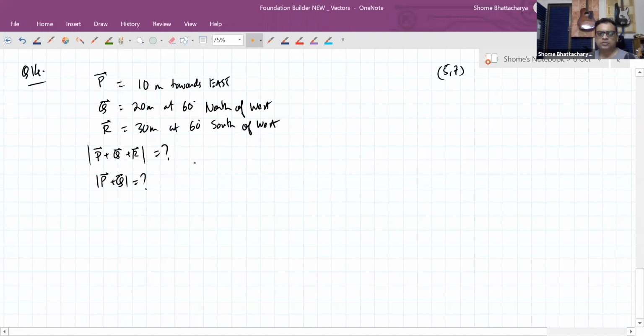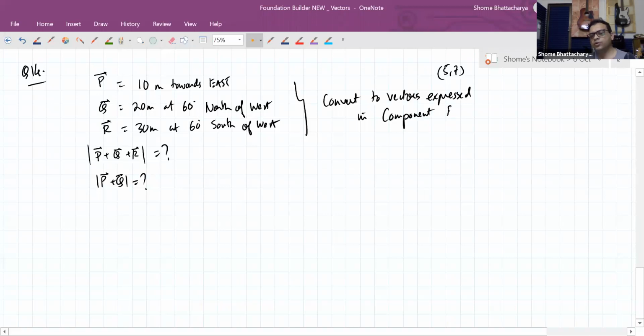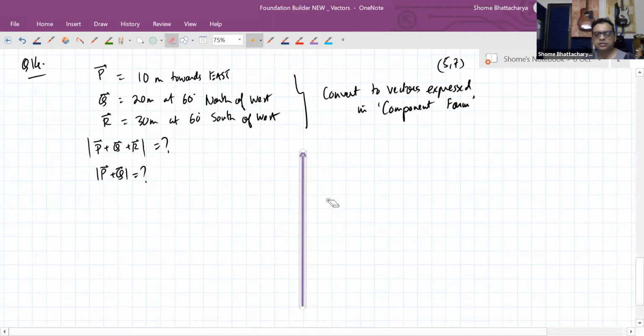So the best way to do this is to convert these to vectors expressed in component form. This is generally the easiest way of doing any question related to sum or difference of vectors, where some information is given to us about the vectors.